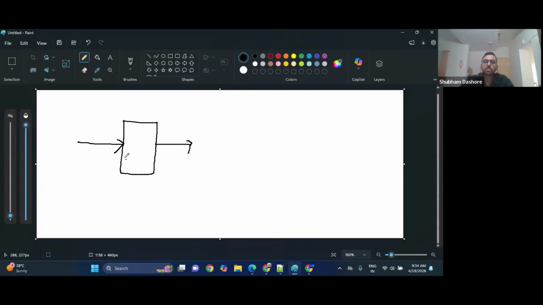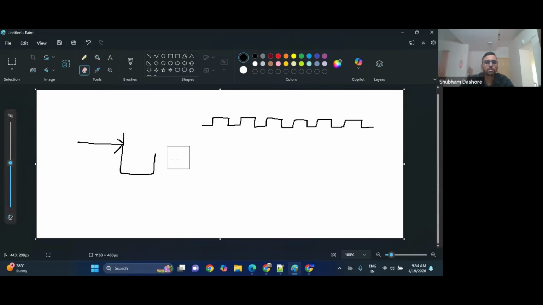This special kind of cell is also called glitch-free clock gating. If I draw the waveform also, this is the normal clock. Now here I will draw that ICG cell.